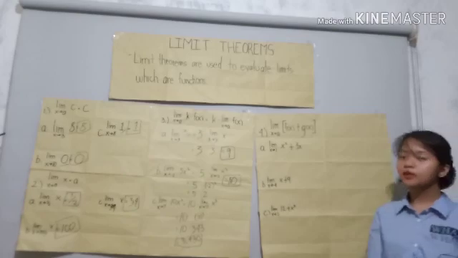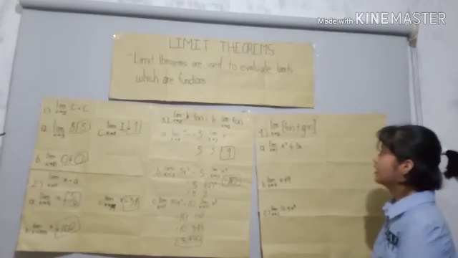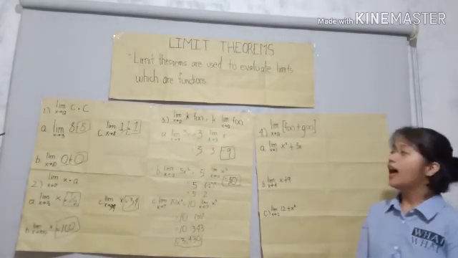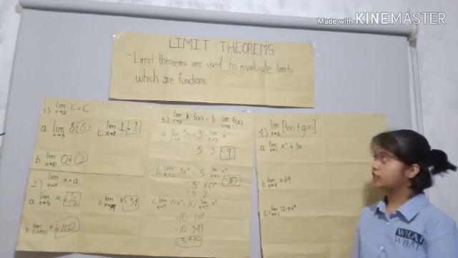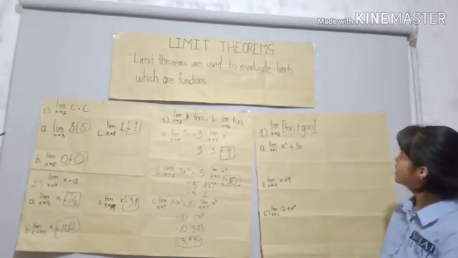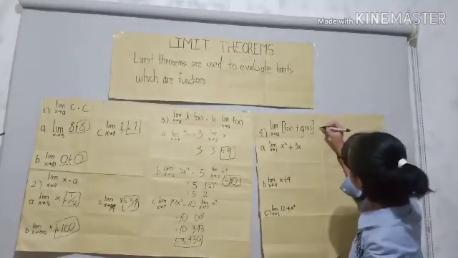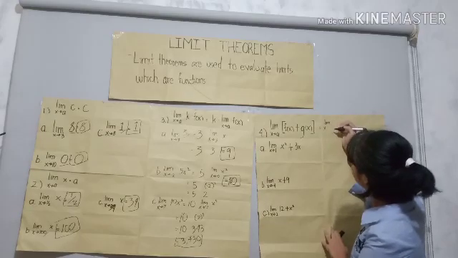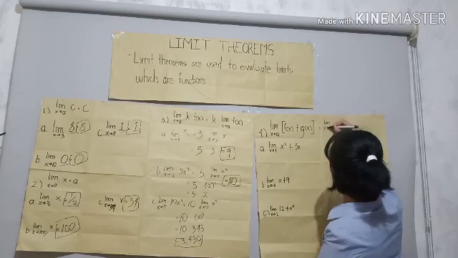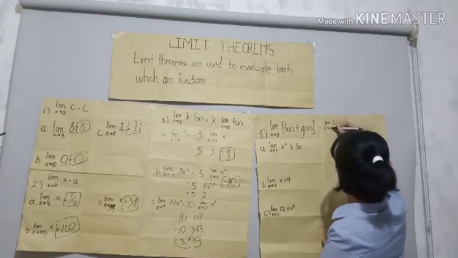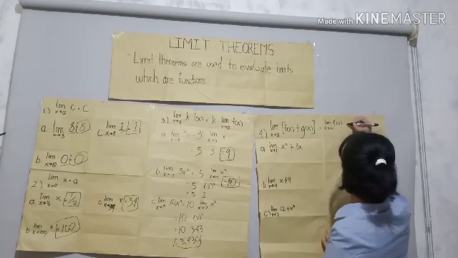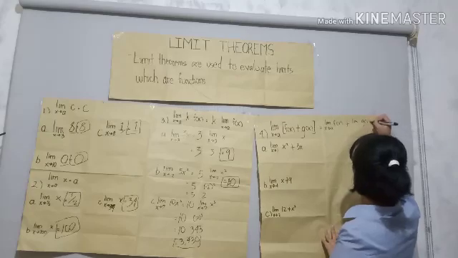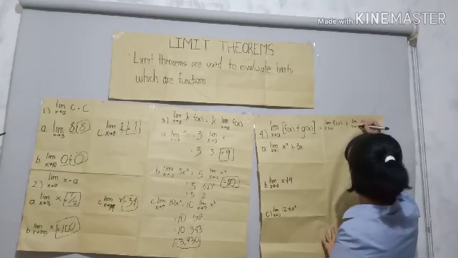In the next limit theorem, it is stated that the limit of the sum of the functions f of x and g of x is equal to the limit of f of x as x approaches a plus the limit of g of x as x approaches a.